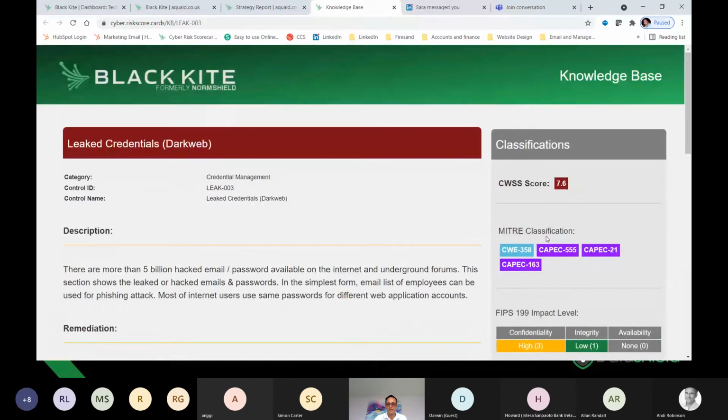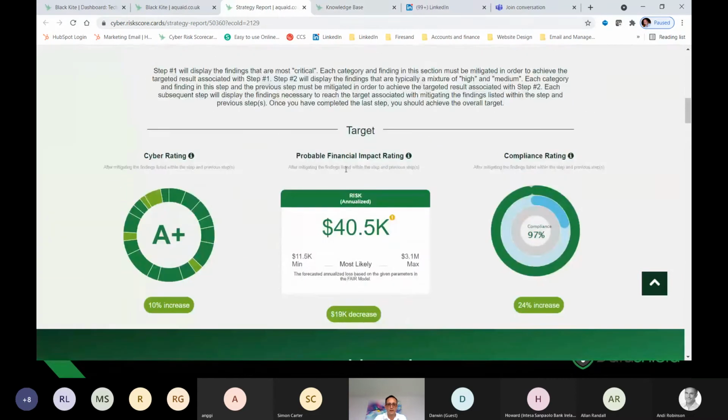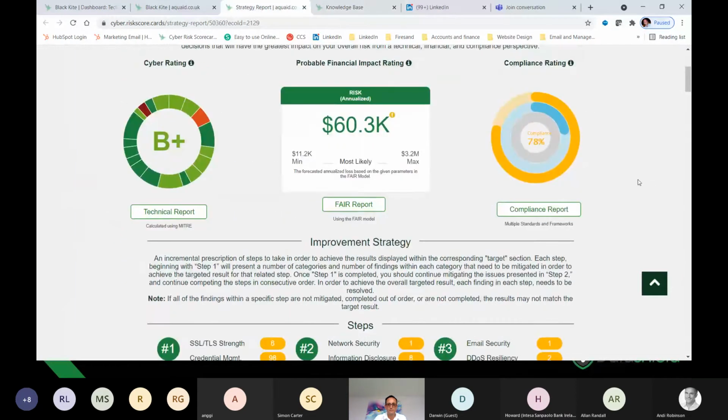It's using the MITRE classification, so it enables you or the organization to quickly see, here's my remediation report. I've had some credentials leaks. I need to make sure I've sorted that out. And as they go in and update the system and the platform, it will dynamically alter their score and show an improvement, working towards getting them to these figures from these figures as well.